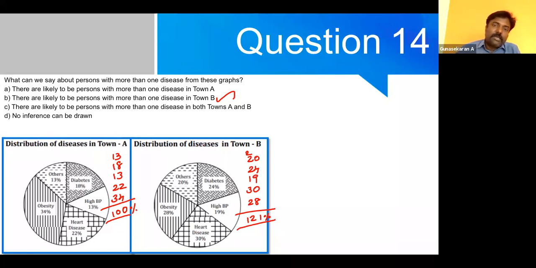So we have to keep an eye on the total in predicting the answers. Understand? It looks like no inference, but inference was there.